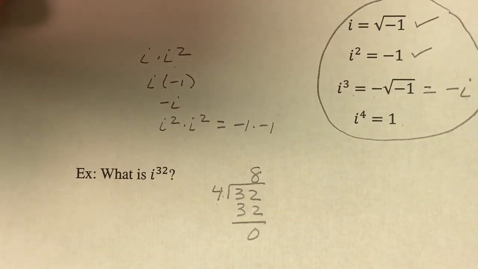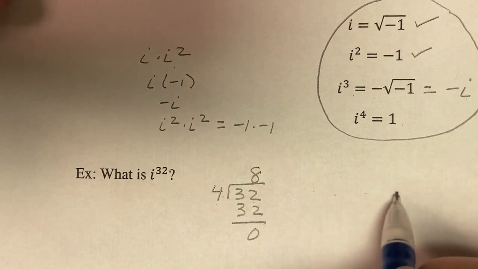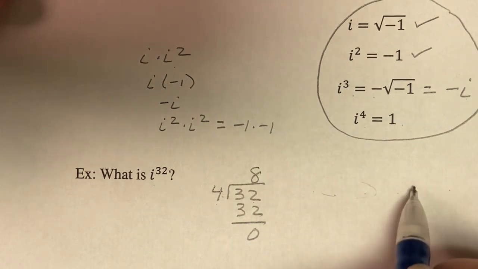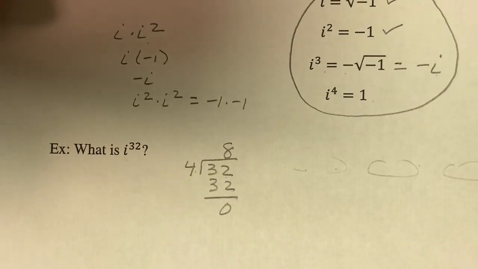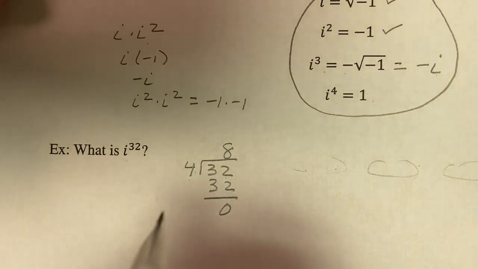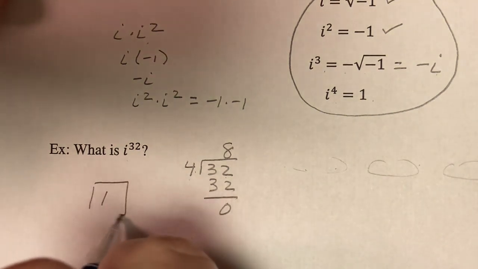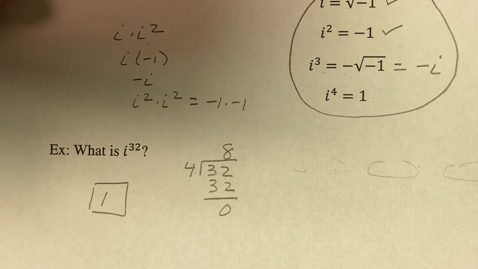So what that means is that if I had 32 i's written out here and circled my groups of 4, they would all be in a group of 4. So it would really be 1 times 1 times 1 times 1 times 1, which is simply going to be 1. i to the 32nd power is 1.